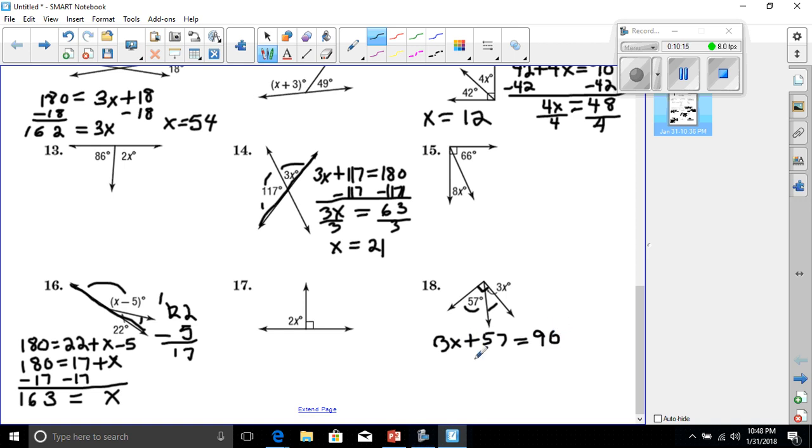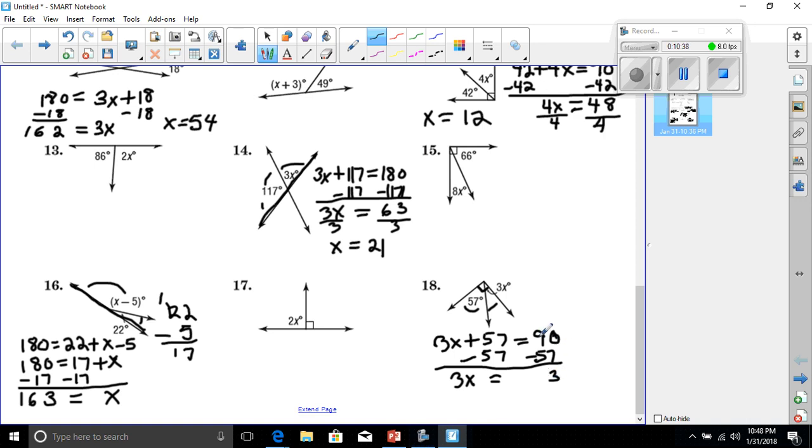All right, we're going to subtract 57 from each side so I can get 3x alone. And if I do so, let's see, I'll have 3x by itself over here. And then I'll have 90 minus 57. So this is going to be 3.